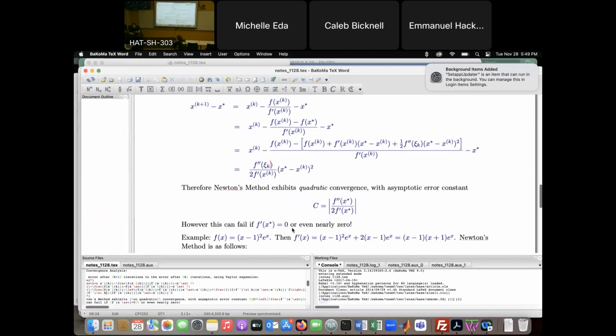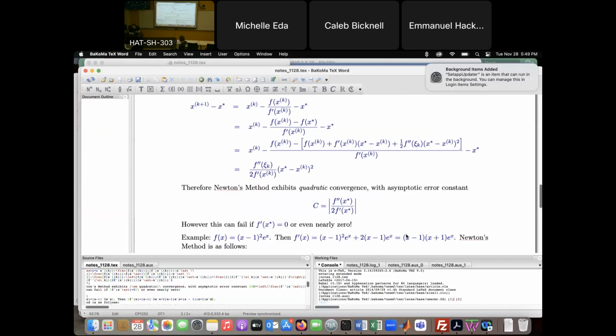Okay, so here's an example of where Newton's method does not converge quadratically. So my function f is (x minus 1) squared times e to the x. So obviously this function has a root at x equals 1. So if I look at f prime, using the product rule, if I simplify as much as I can, I end up with this.